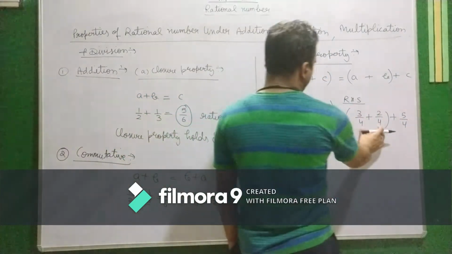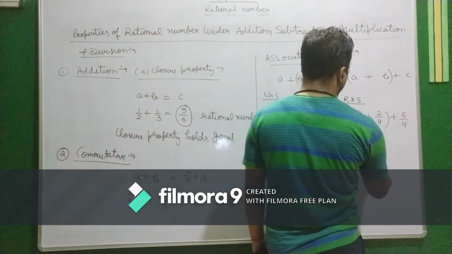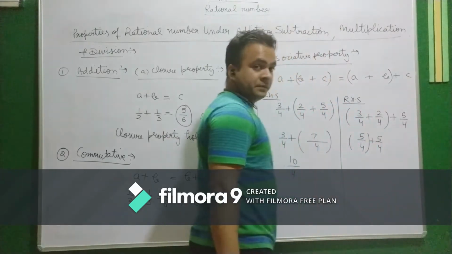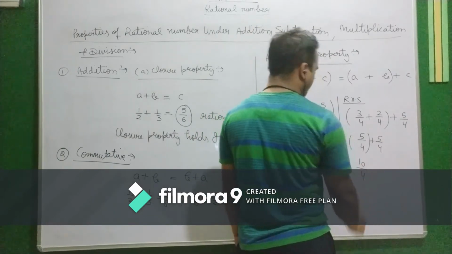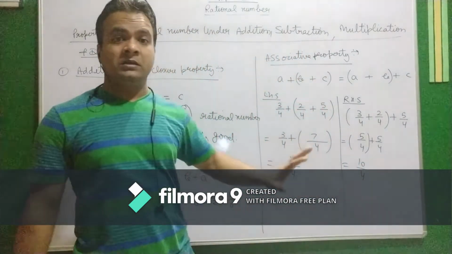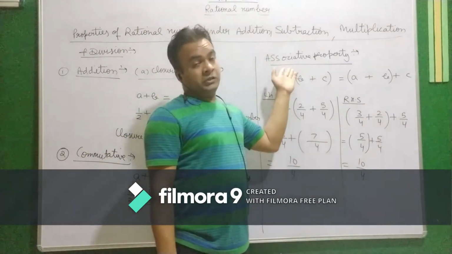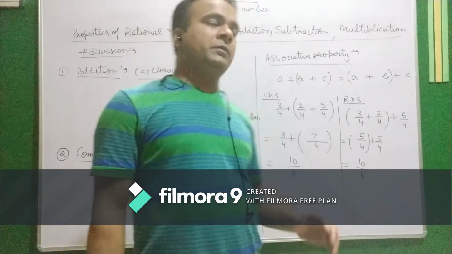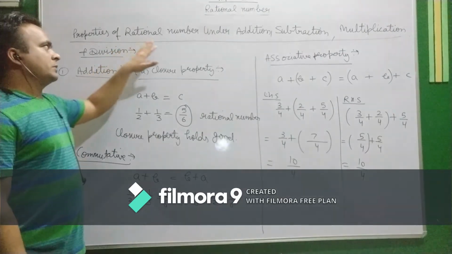Now we will take these two rational numbers together, so it will be 5 upon 4, and this 5 upon 4 is outside of the bracket. Now again we will check it. Again, you can see that 10 upon 4 is coming. It means left hand side is equal to right hand side. And at last what we will write here? The associative property holds good for the addition operation for rational numbers.